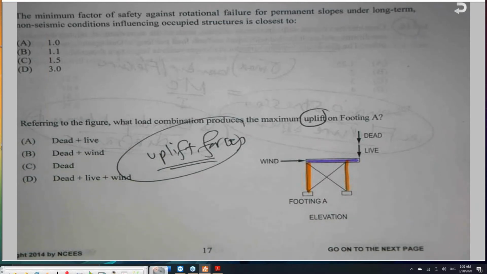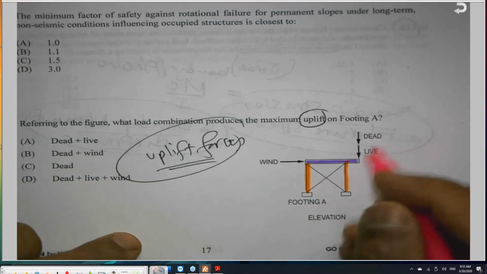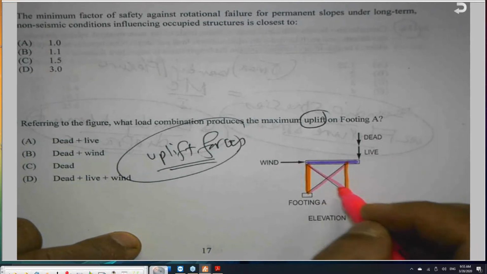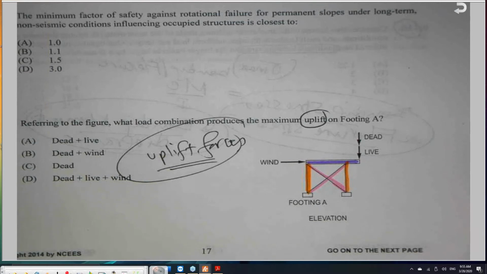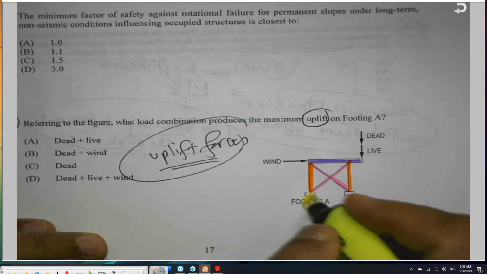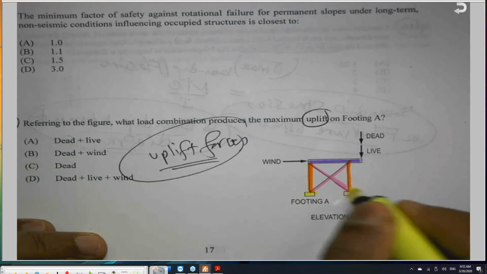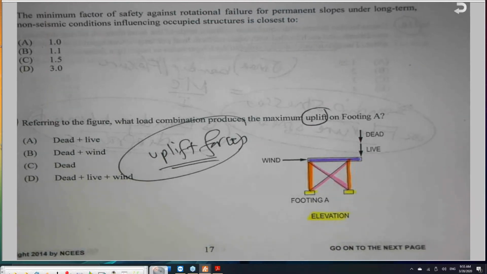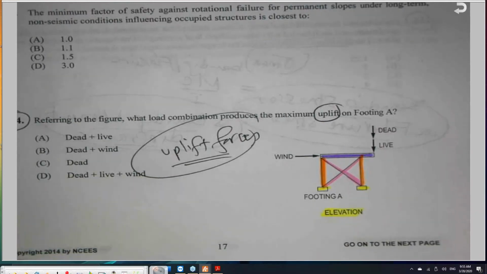And we have some kind of a bracing system, X bracing in this case. And we have some kind of foundation, the footings, for example, here. And this is an elevation of the structure.